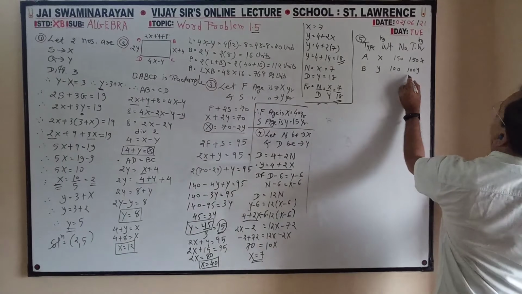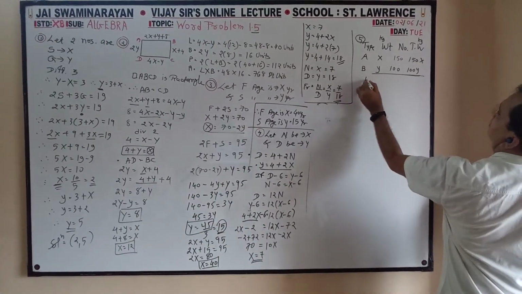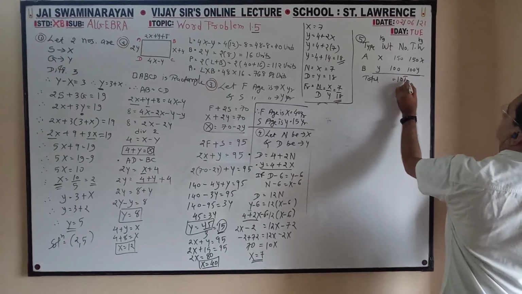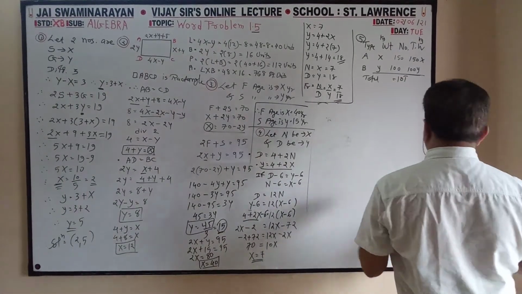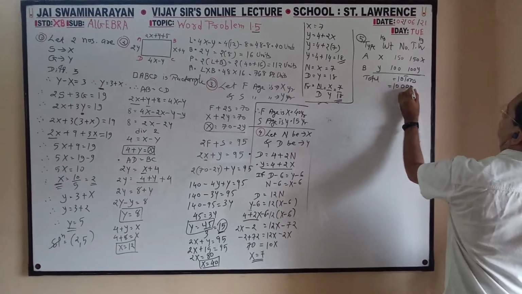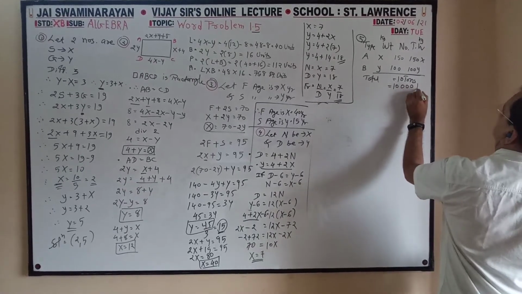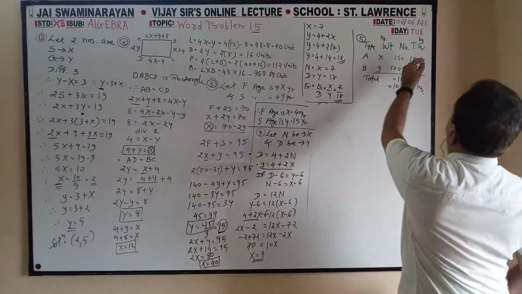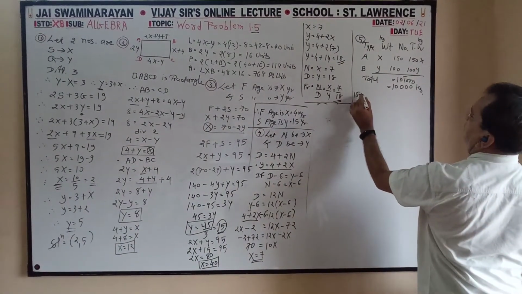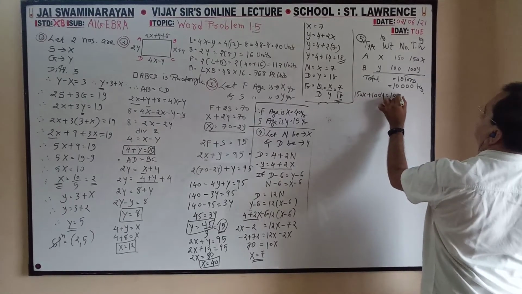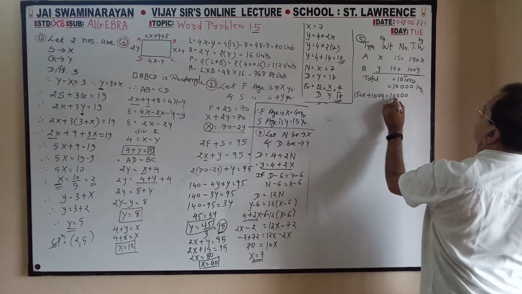The total, 10 tons only given, is equal to 10 into 1000 kilograms. So now your condition is 150x plus 100y is 10000.